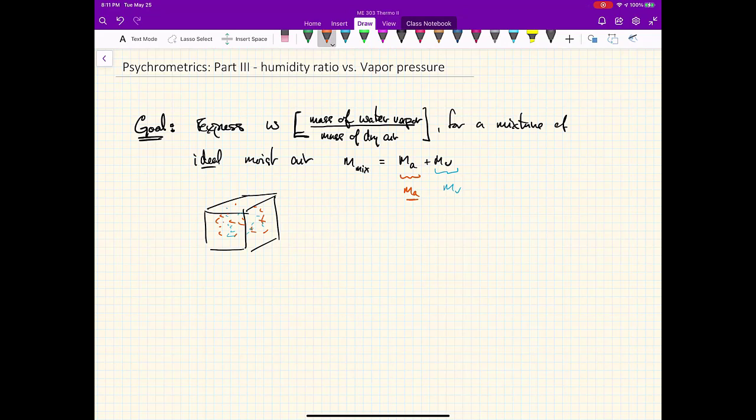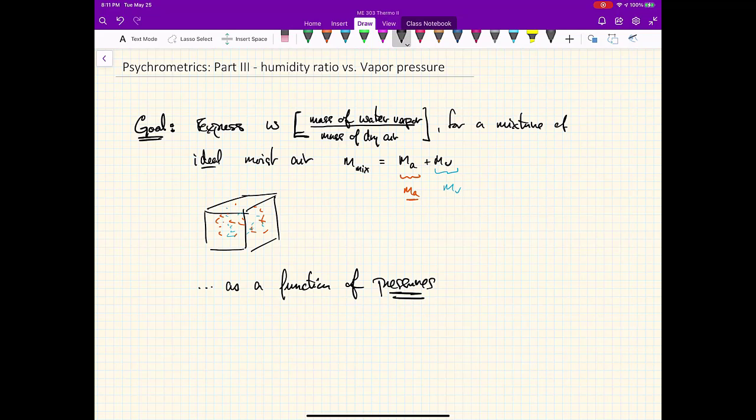How do we express this humidity ratio as a function of pressures? I'm leaving that purposely vague as there are multiple pressures involved there. But you see where this is going, right?